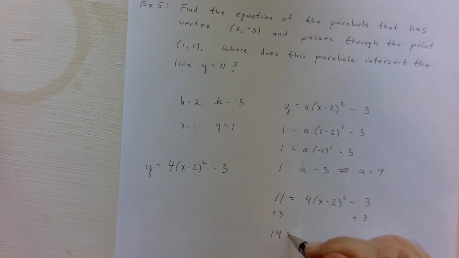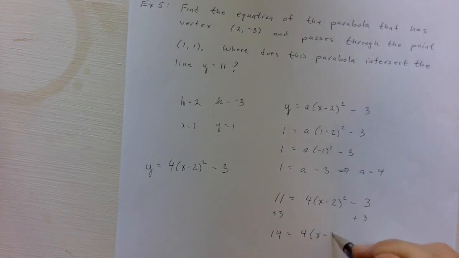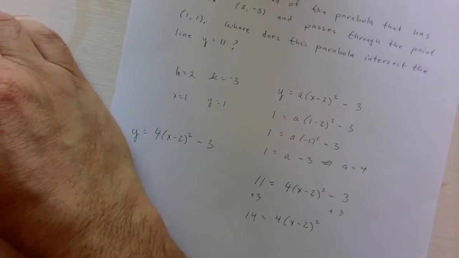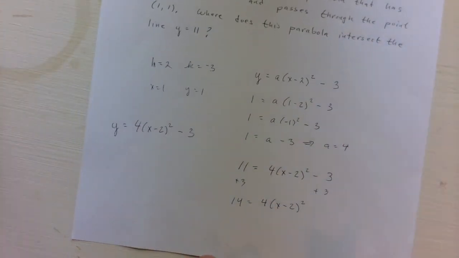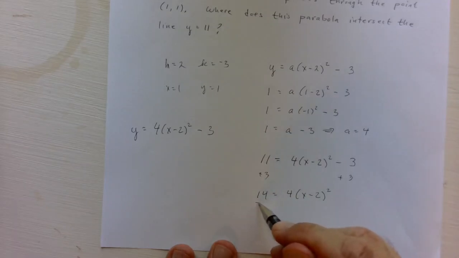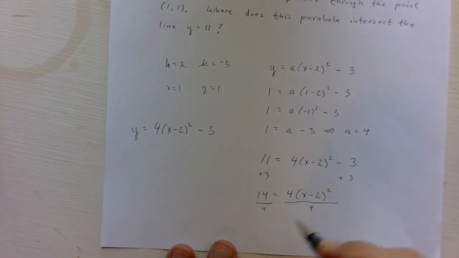So we get 14 equals 4 times x minus 2 squared. Then we divide both sides by 4, and this will be 14/4, which is the same thing as 7/2.